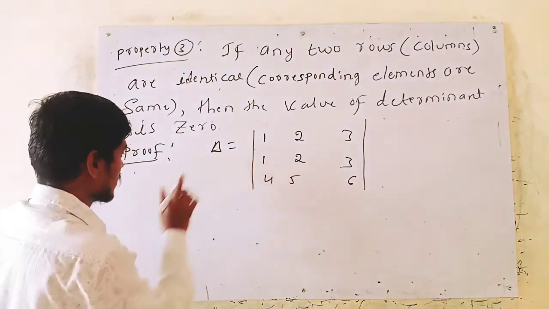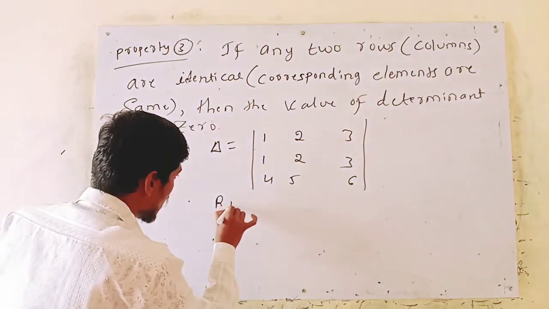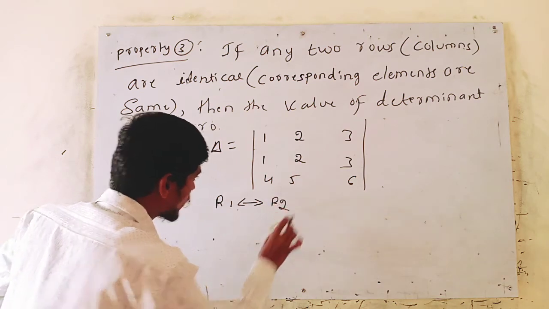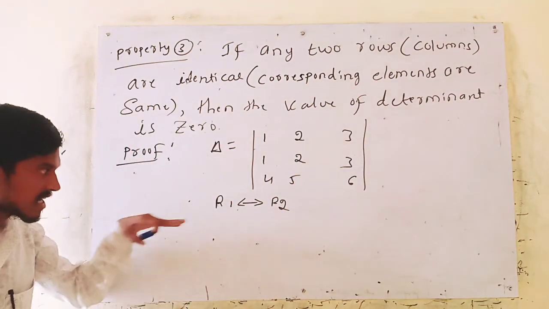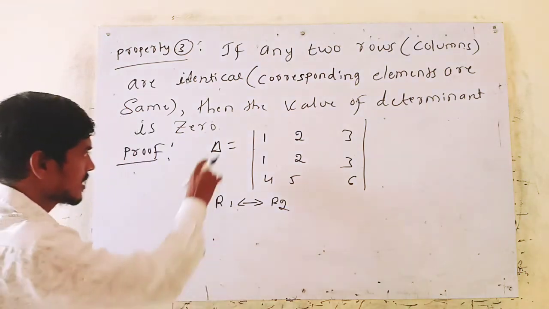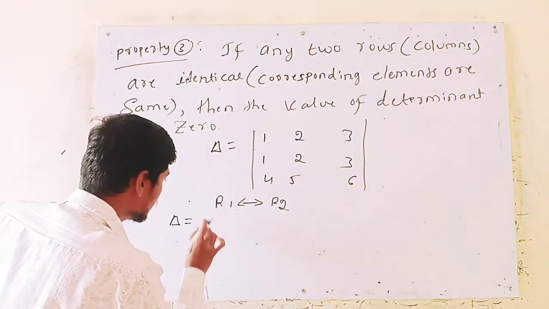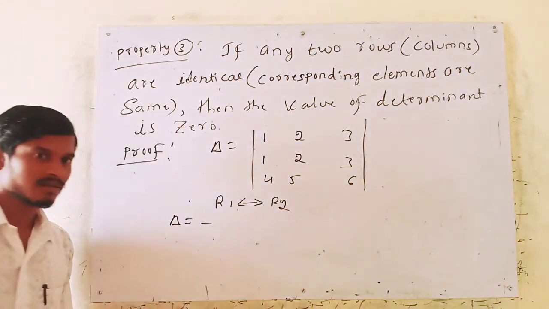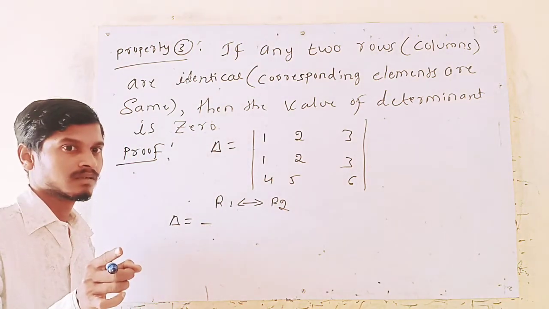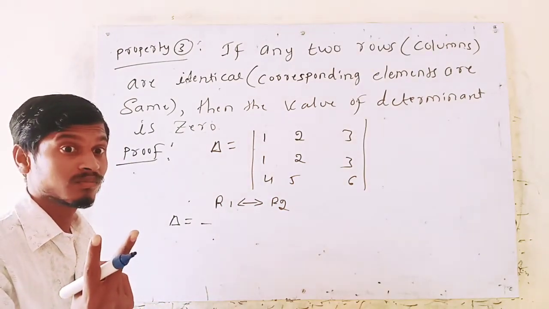Okay, see here. I will change. I will interchange R1 and R2. Okay? Yes. See here. Then what does the delta become? Delta becomes negative here, because of property number 2.